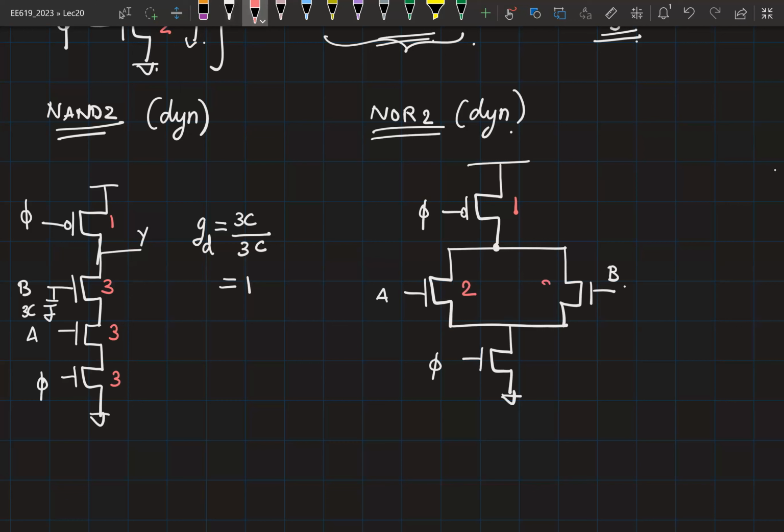And these have to be sized at 2. So your GD is now 2C divided by 3C, which is 2 by 3. Any questions on this? Okay, good.